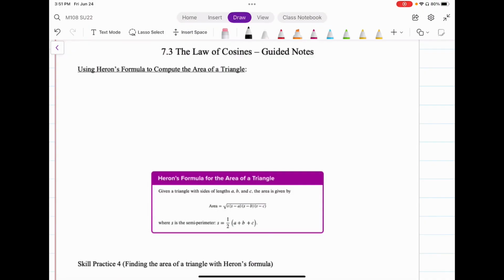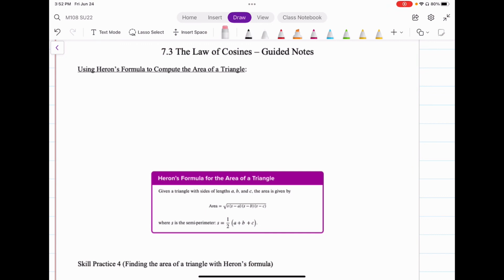We saw with the law of sines that there was a way to calculate area using the sine of an angle and the 2 sides rather than 1/2 base times height. We can now calculate using Heron's formula for the area of a triangle. If you have 3 sides now, we can find the area using just those sides rather than the height, which might have to be an altitude where you might have to find an angle measure for that.